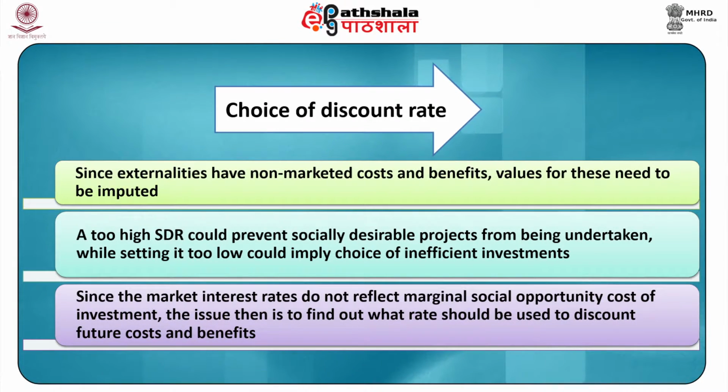Under perfect conditions, without market distortions, SDR equals the market interest rate. Since the market interest rates do not reflect the marginal social opportunity cost of investment, the issue then is to find out what rate should be used to discount future costs and benefits.